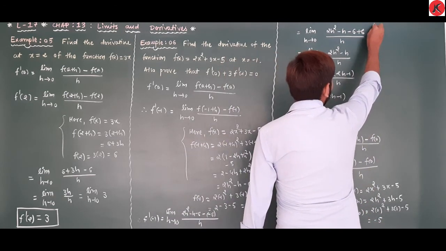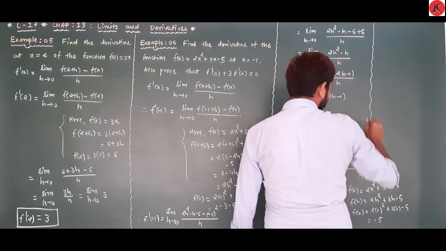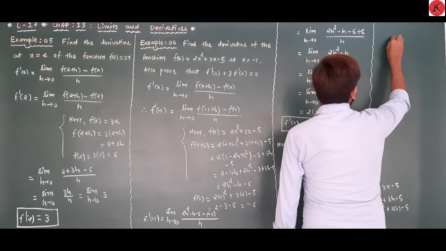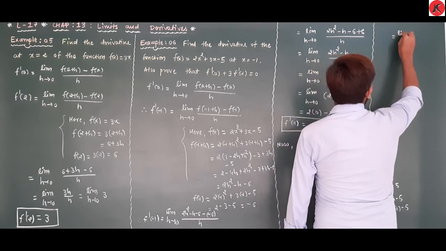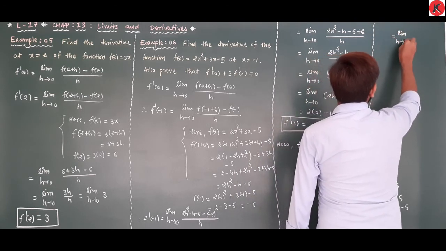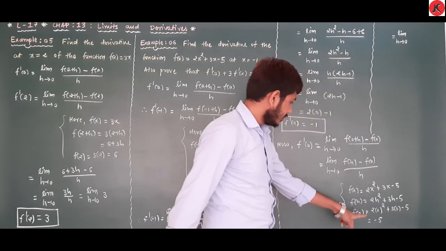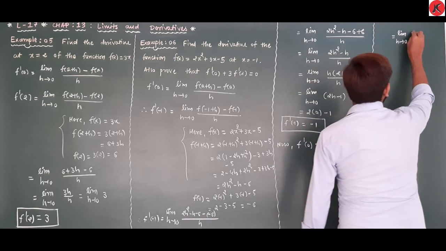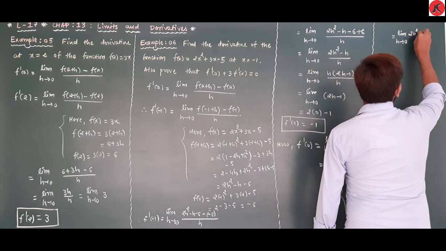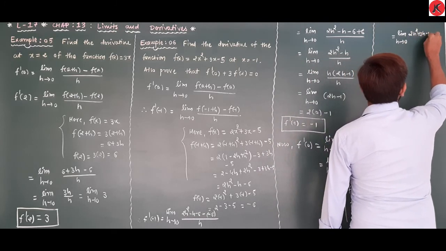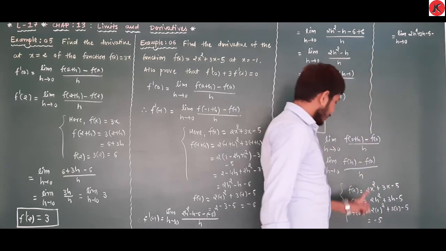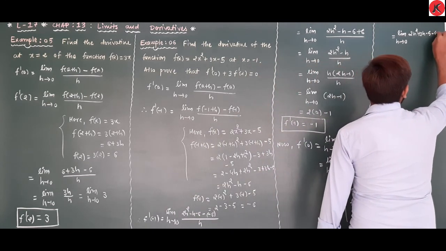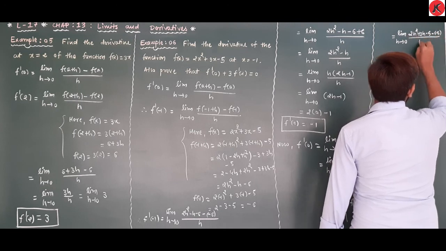Now, when you put both values in f dash 0, what will be obtained? Therefore, we are getting limit h tends to 0 f of h, 2h square plus 3h minus 5, minus f of 0. f of 0 is minus 5, divided by h.